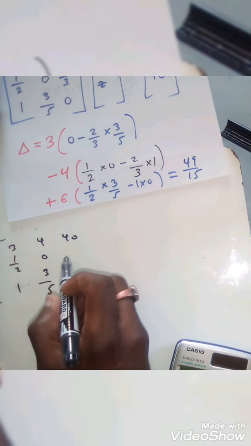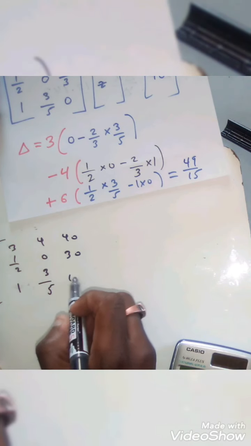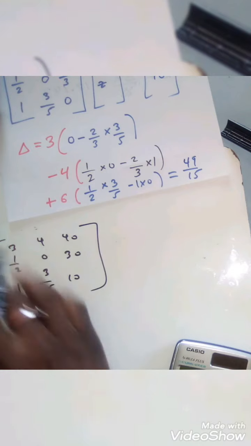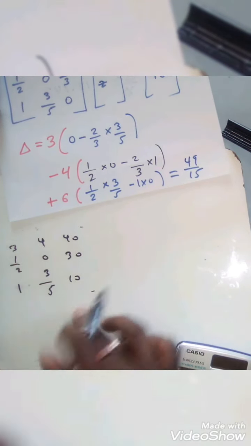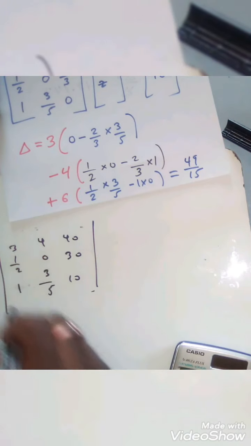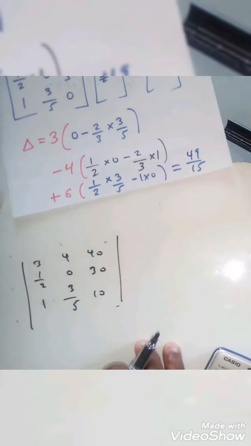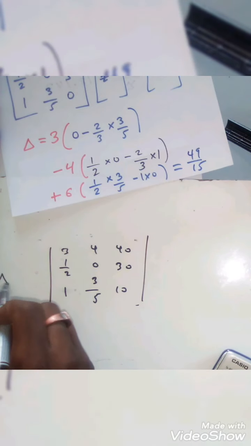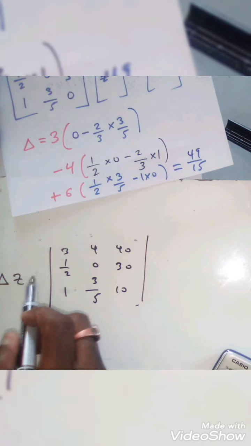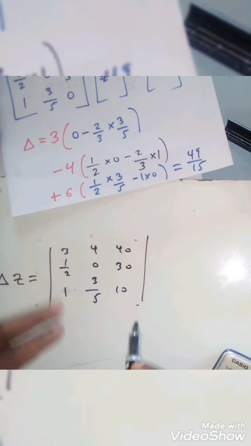So I have 40, 30 with the solution, and this is the determinant, which is given by this symbol here to represent the magnitude of the determinant. So this is delta z. So this is my delta z.